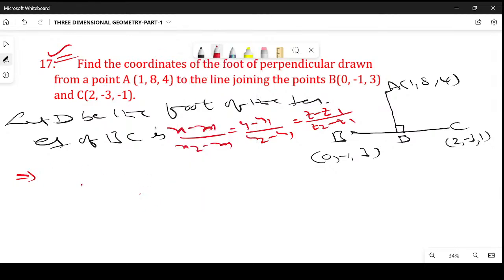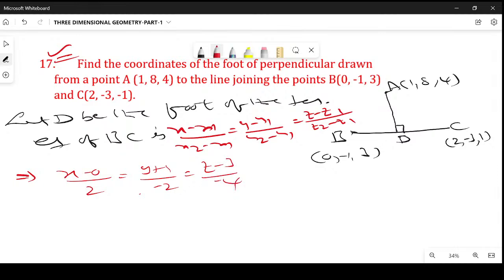Now the equation of BC: (x - 0)/2 = (y + 1)/(-2) = (z - 3)/(-4).